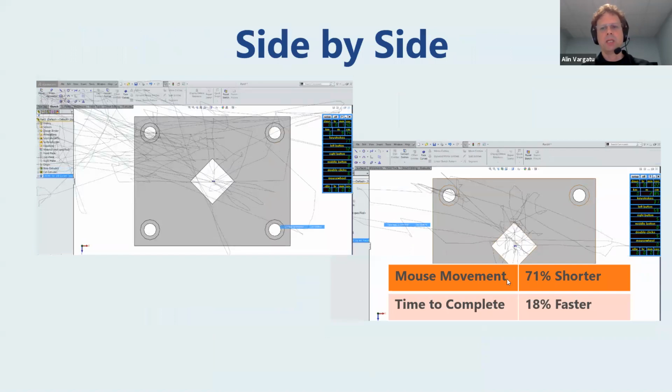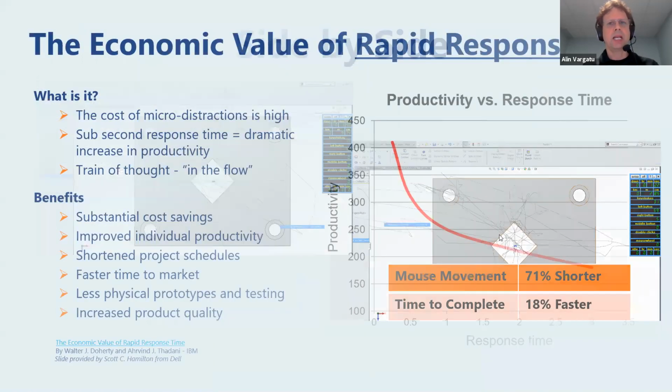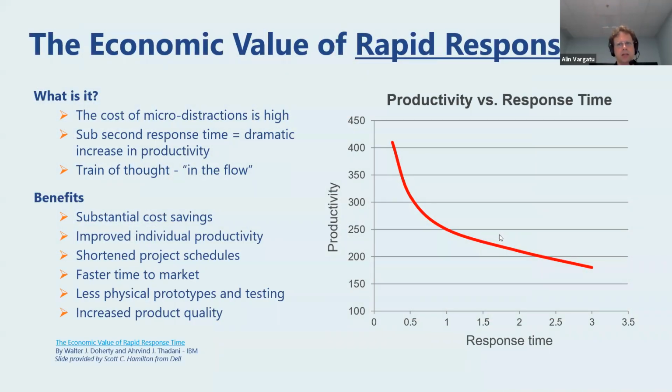Okay. Just don't even look at these numbers. I don't care if it's faster or shorter. It's about being in the flow. And I took this from one of the presentations that Scott Hamilton from Dell delivered at SolidWorks World. I asked him to allow me to use some of his insight, and he very graciously agreed.